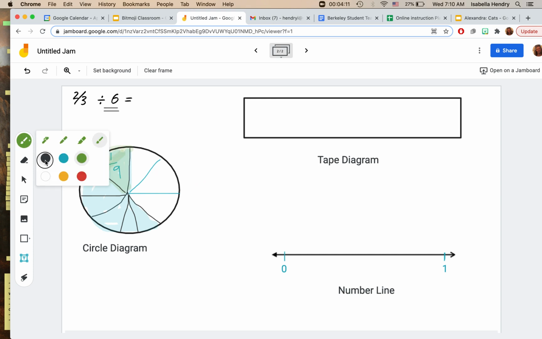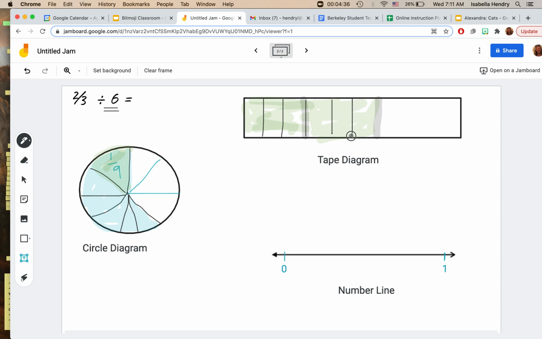And it would be the same thing with the tape diagram. I would start with 2/3. Let me color this in with a different color. So here's 1/3, here's 2/3. And I'm going to divide this green area into 6 equal pieces. So just using my knowledge of multiplication, I know that I could do 3 pieces in the first third and 3 pieces in the other third to make 6 pieces.